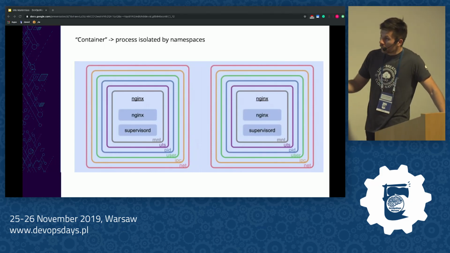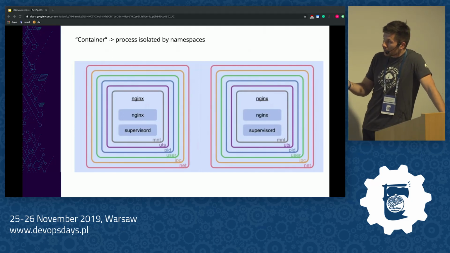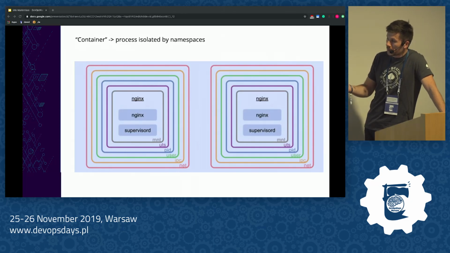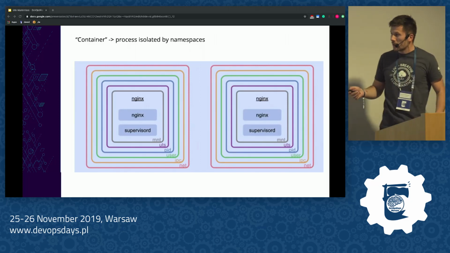And now, if we have two Docker containers, then this container can't see the users of that container because they are in different user namespaces. Then this process also can't see the users of the underlying host system because it's also isolated, right? So it's just a form of isolation.